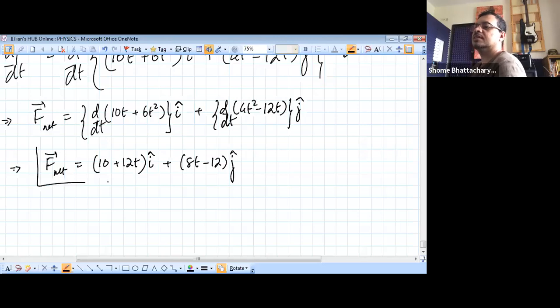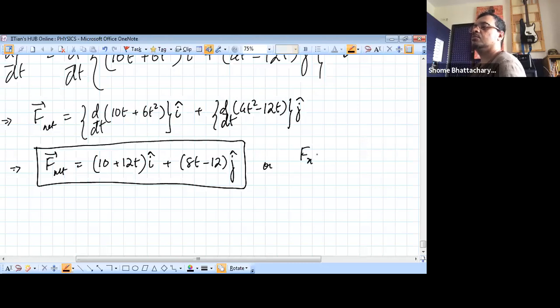So this becomes our expression of force as a function of time. So we can say over here that the force has an x component of 10 + 12t, and the force has a y component of this function. So we can see that this is a variable force. This is not a constant force.